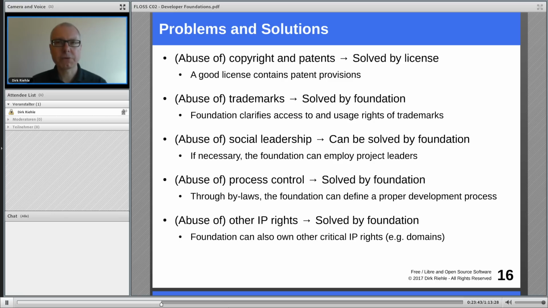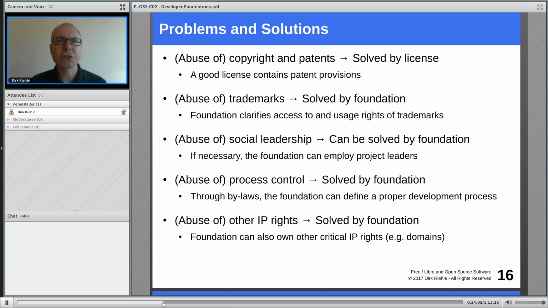So open source foundations are supposed to fix all that. Here's a summary of the potential problems I already went through and how they can be solved. So potential abuse of copyright and patents, that's solved by a license. Abuse of trademarks, well, that's what you need the foundation for.